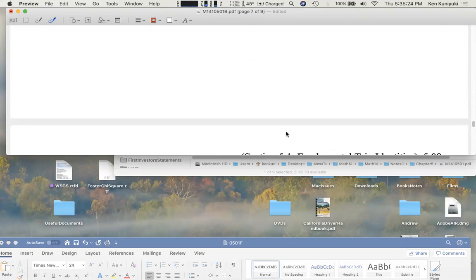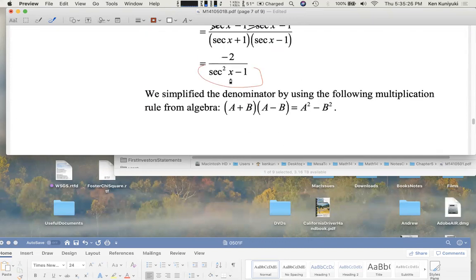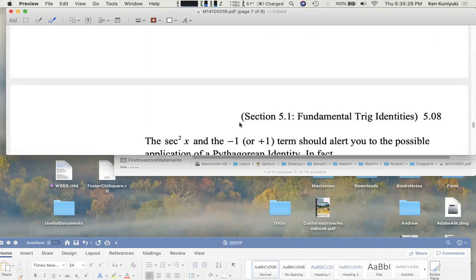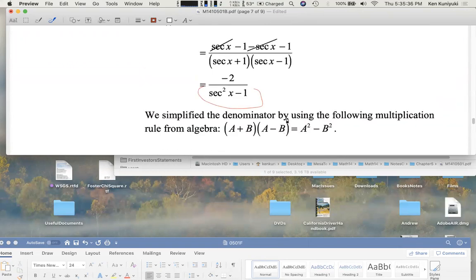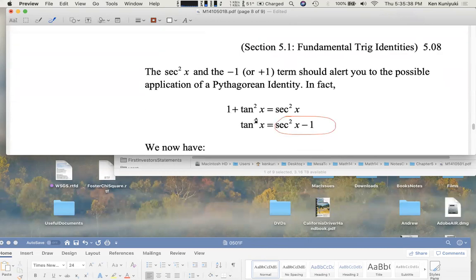So the goal is, how do we get this bottom, secant squared of x minus 1? I can get that by subtracting 1 from both sides. Secant squared of x minus 1, which was the bottom here, is equivalent to tangent squared of x. In fact, they even have the same domain restrictions when cosine of x is 0. So we can replace secant squared of x minus 1 by tangent squared of x.